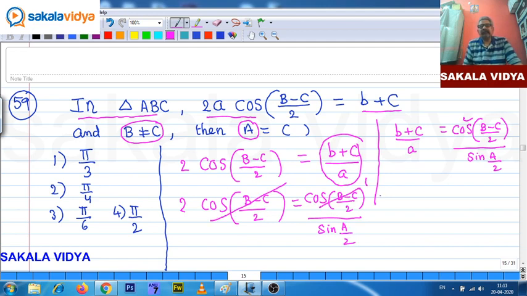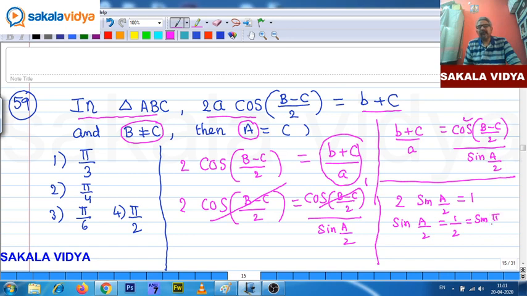Just cross multiply. So we have 2 sin of a by 2 is equal to 1. Again we can write sin of a by 2 is equal to 1 by 2. So 1 by 2 is equivalent to sin 30 degrees. Am I correct? Sin 30. So a by 2 is equal to 30. A equals 60, pi by 3.